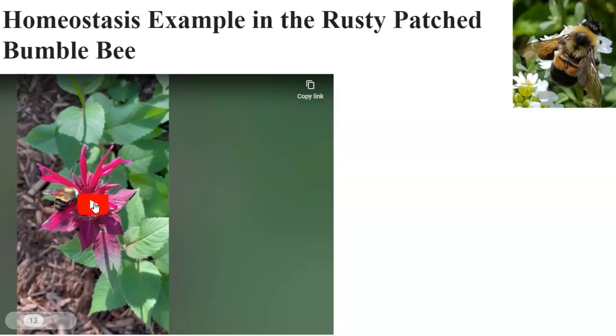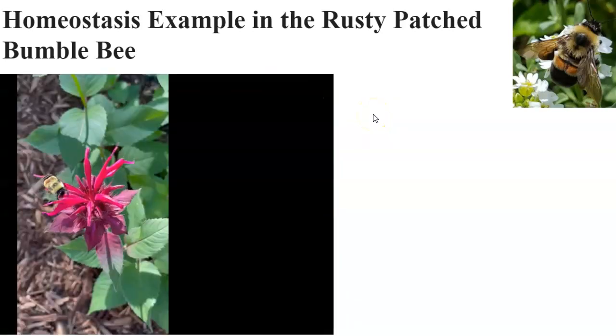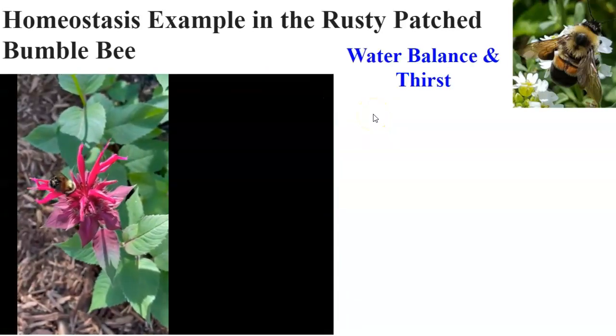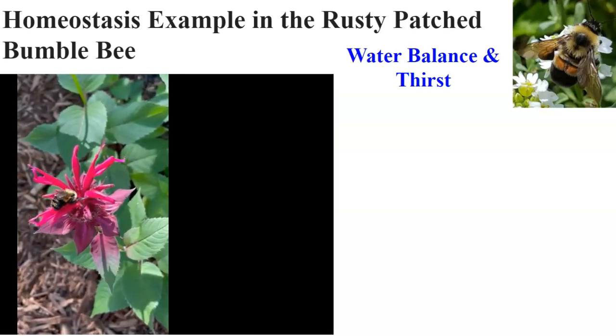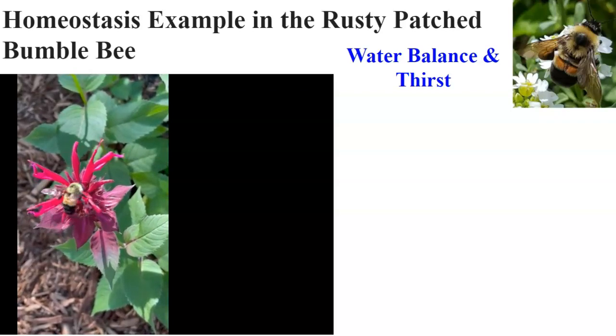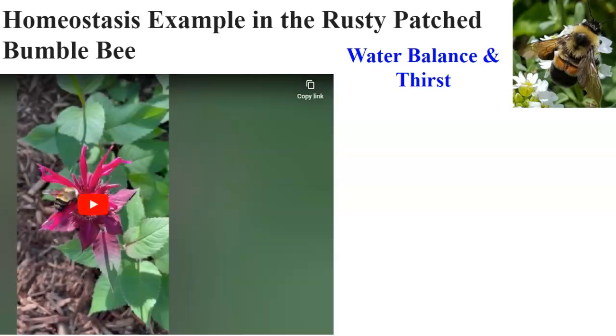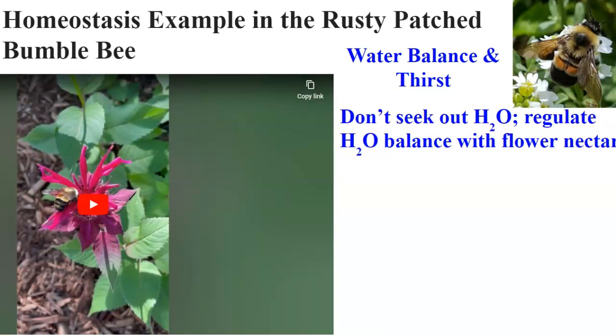But you might wonder, what homeostasis are we talking about? Well, in this case, we're actually talking about water balance and thirst. I learned in studying about the rusty-patched bumblebee that they don't seek out water specifically. They actually regulate their water balance by getting flower nectar.